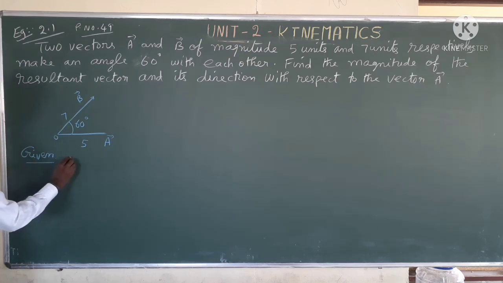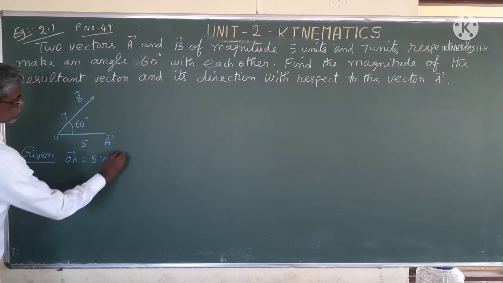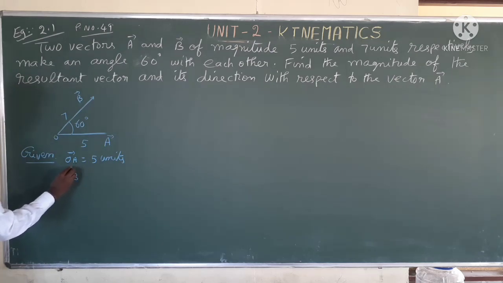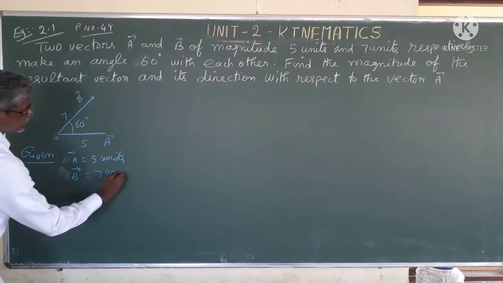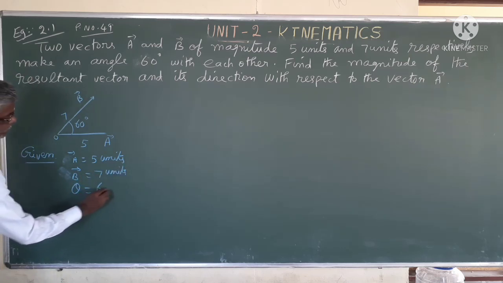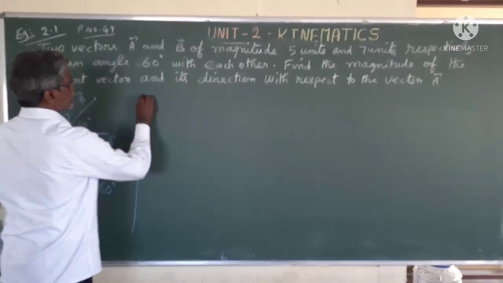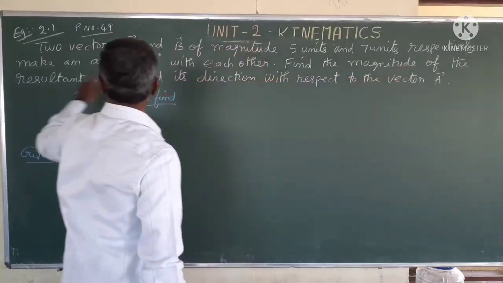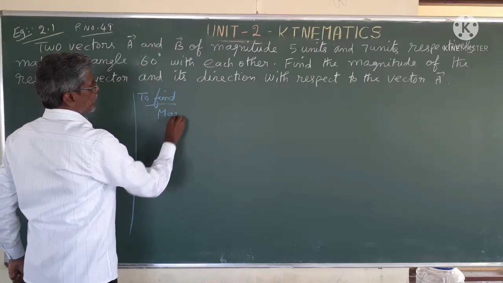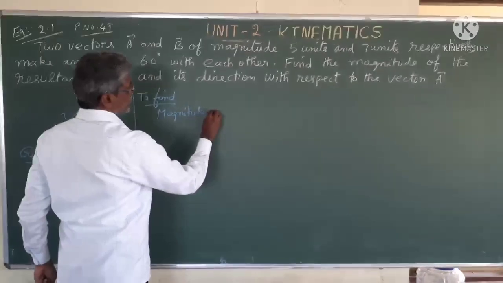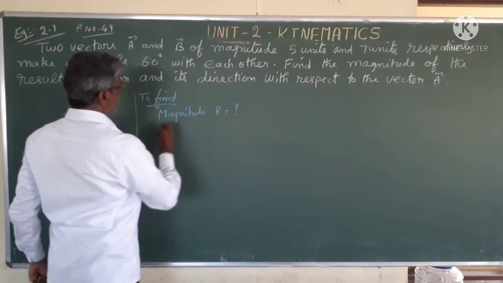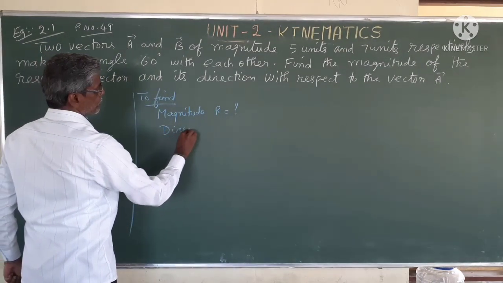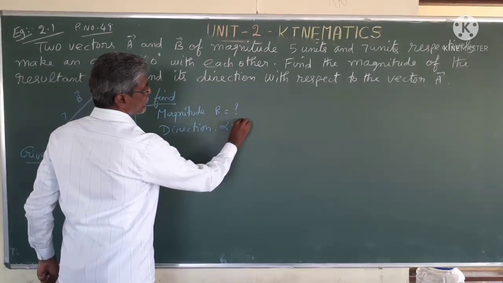OA, or A vector, is equal to 5 units, B vector is equal to 7 units and theta is equal to 60 degrees. Find the magnitude of the resultant vector. So they asked to find the magnitude of the resultant vector, that is R, and its direction. Direction means alpha.